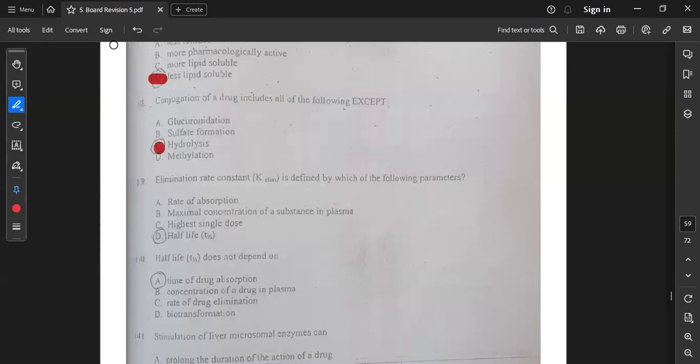Okay, maybe we can go on. Elimination rate constant is defined by which one of the following parameters: rate of absorption, maximal concentration of a substrate in plasma, highest single dose, or half-life?